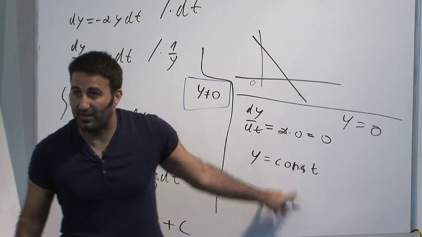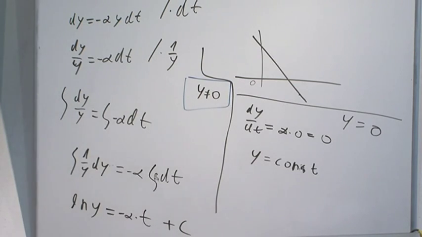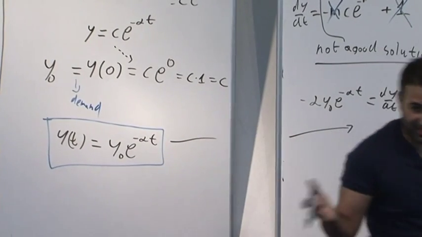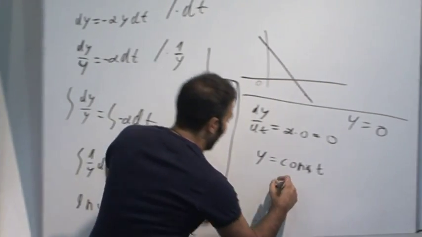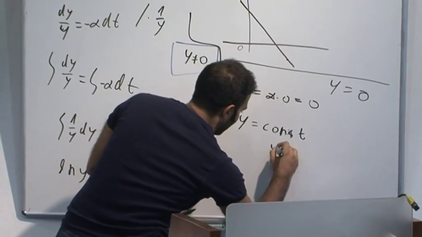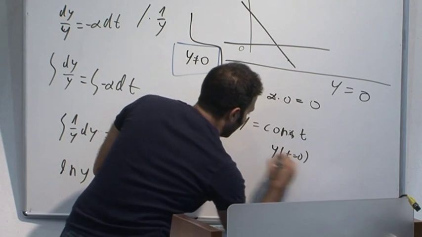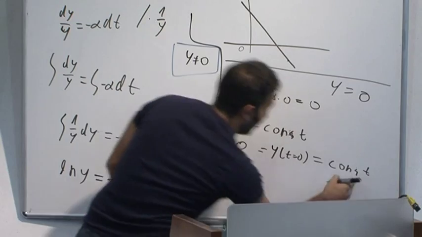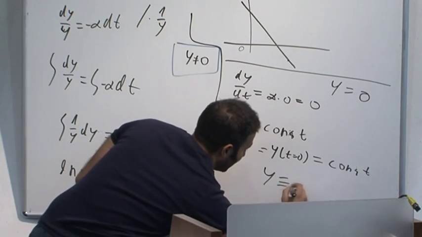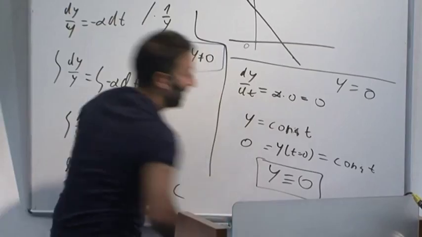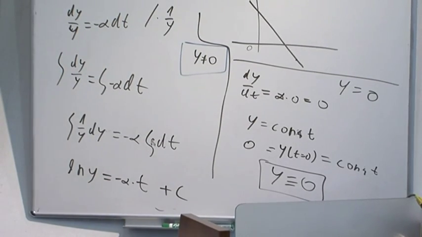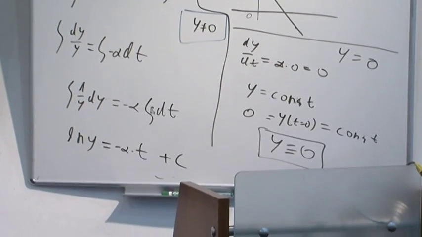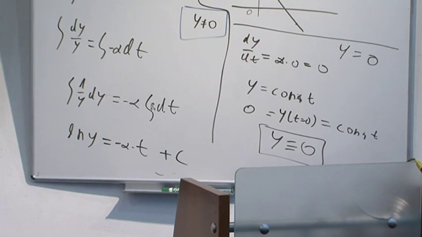If it's a constant, I can use what we just said, that is very important: the initial conditions. The initial conditions say that y at t equals 0 needs to be 0. On the other hand, it's a constant. So this constant is 0, and we know that y equals 0 all the time. This is the solution. If y is equal to 0 at one moment, it will be equal to 0 the entire time.